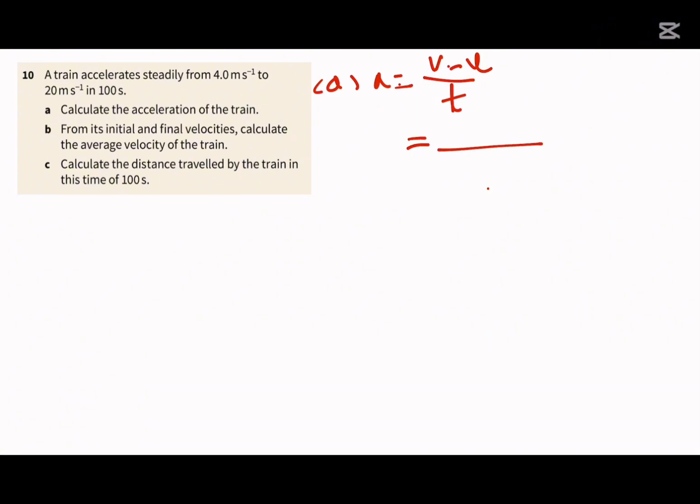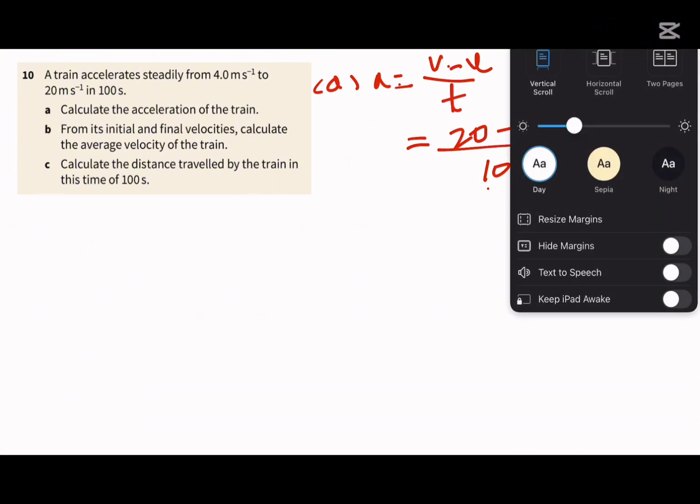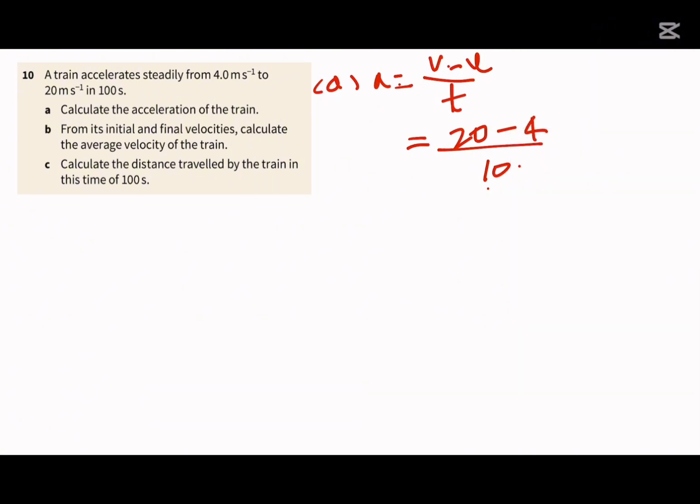Minus u over t. v is 20, and u is what is it? u is 4, and then t is 100 seconds. So 16 over 100 seconds. Let's use the calculator.